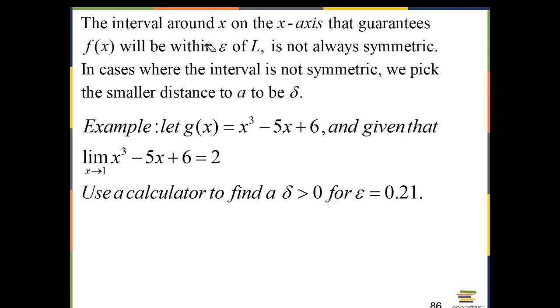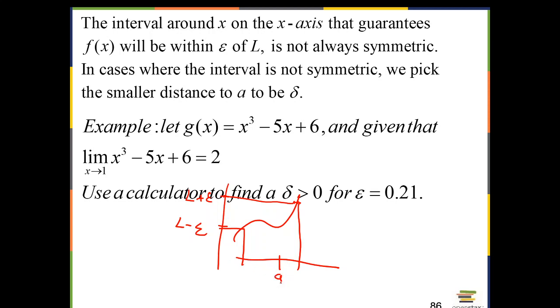All right. The interval around x on the x-axis that guarantees f of x will be within epsilon of L is not always symmetric. That means whenever we find delta, the interval here, let's say we have a function, right? And then when you do L plus epsilon and L minus epsilon, and you go to the function and you want to find your delta, the interval that you find around a is not always symmetric. That means the distance here could be smaller than the distance here.